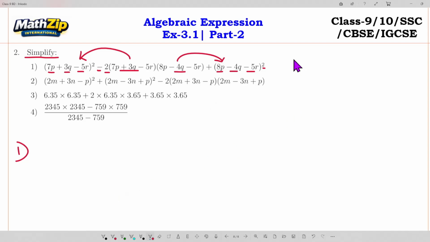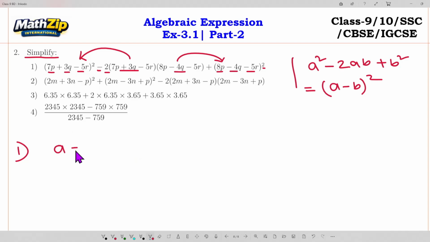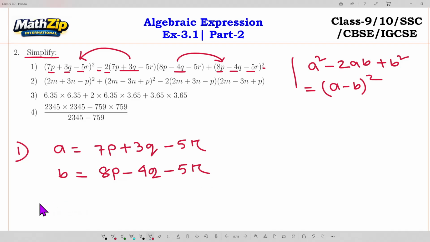Okay, so we know a square minus 2ab plus b square means (a − b) whole square. So if this one is a, it means a equals 7p + 3q − 5r, and b equals 8p − 4q − 5r.